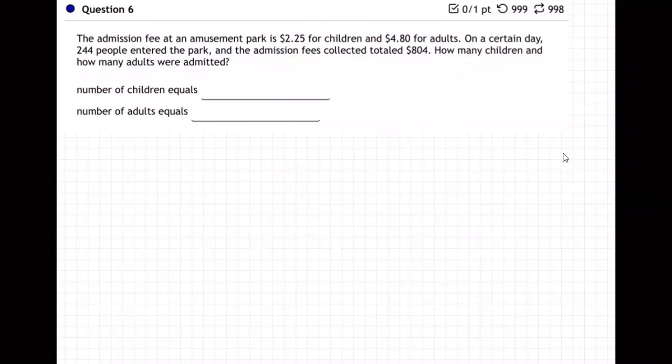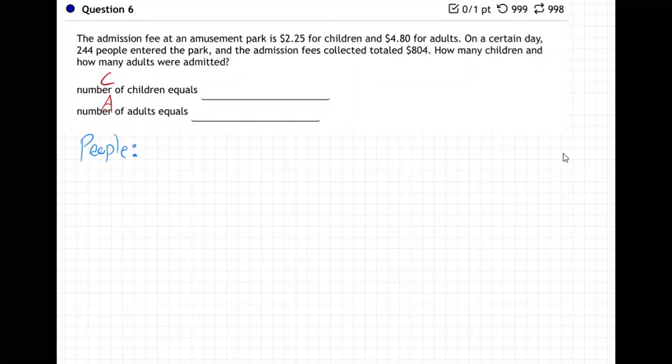Okay, so basically on this problem, we're going to have first a people equation, because we'll call the number of children C and the number of adults A. You can use X and Y, but I found it's easier to use letters that are meaningful, like C for children, A for adults, because that way when you're done, you'll remember what they are.